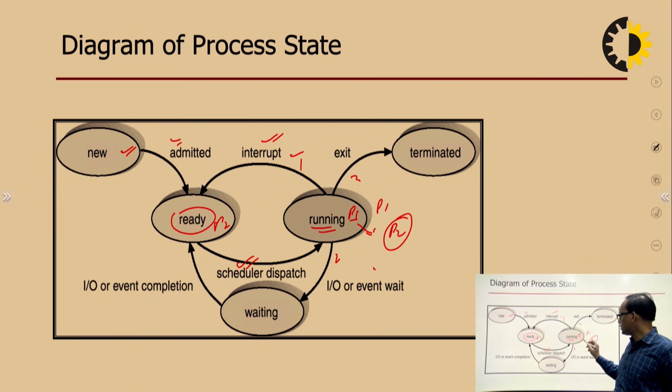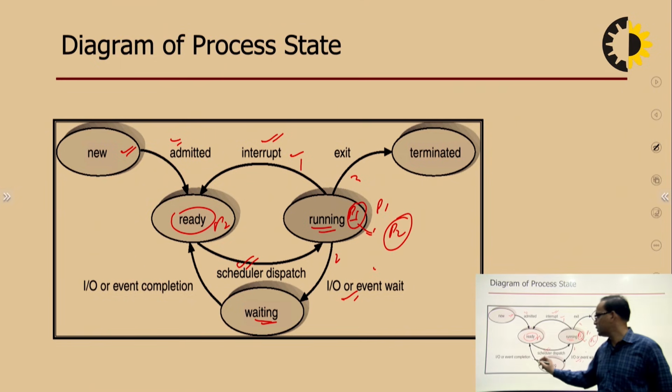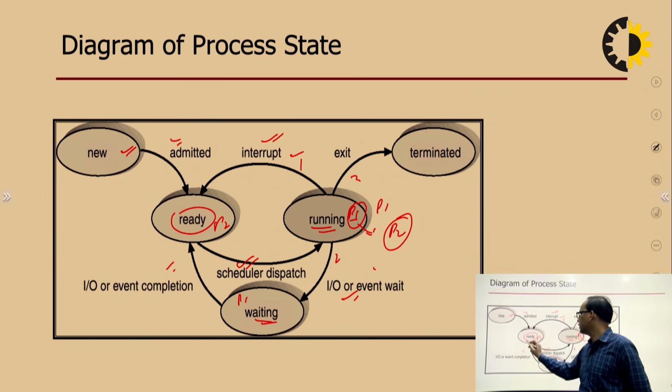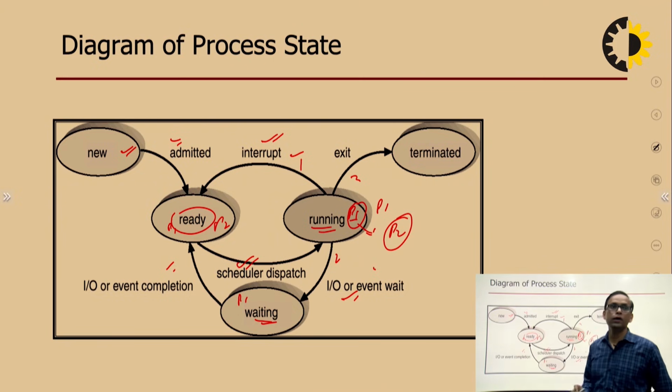Case 2: suppose process P1 is running, and during the execution it requires some kind of input output. Until this input output request is completed, the process will be in waiting state. As soon as the input output requirement is completed, process P1 will come to the ready state, because while P1 is in waiting state, the CPU is free.